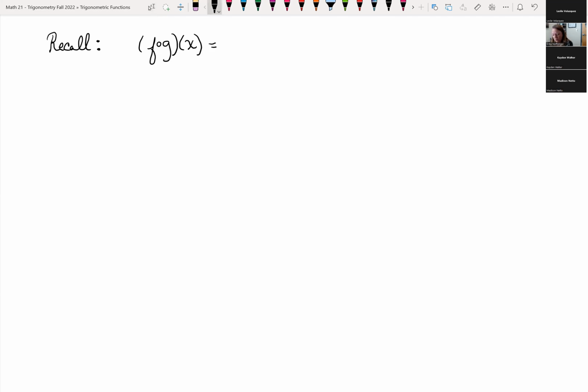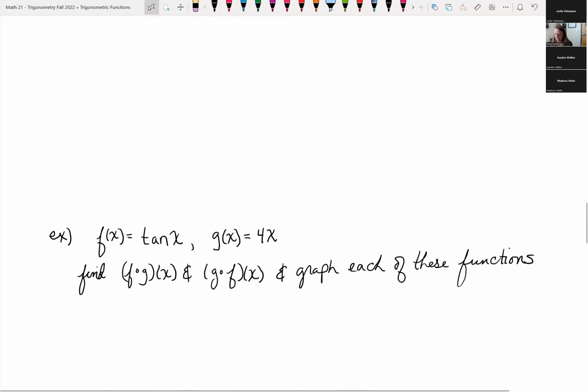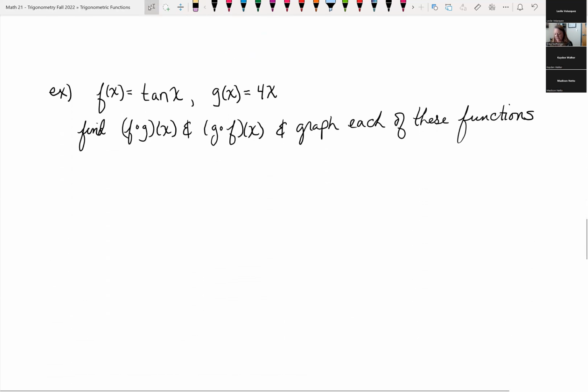And this, recall, meant that you're taking your equation of g of x, and wherever you see an x in f of x, you're replacing that x with that g of x function. To me, it looks better when you write it this way. It makes more sense. So let's look at an example really quickly where we're given what f of x is and what g of x is.